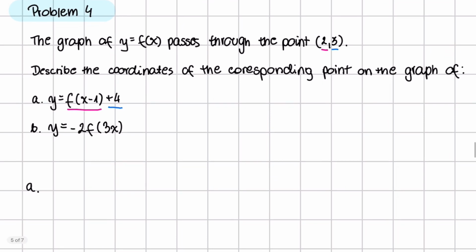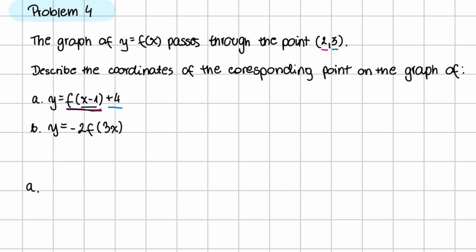And we have this transformation on x. You have to keep in mind, because it's very important, that if we have x minus something, we move our x to the right.